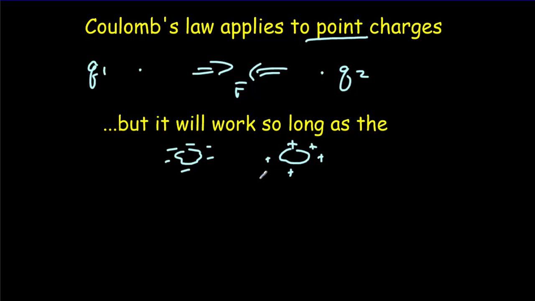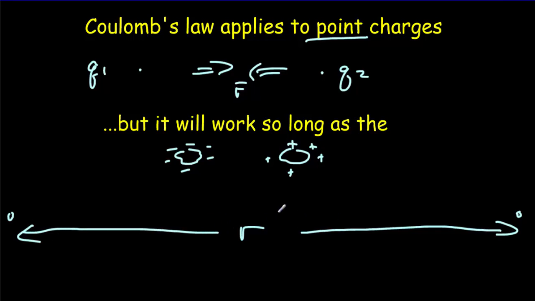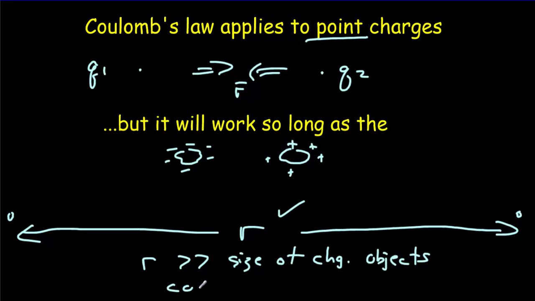But remember, anytime we separate the charges enough, if we get them well spaced so that R is quite large, then it's going to be okay to use Coulomb's law. So as long as R is much, much bigger than the size of the charged objects, then you can use Coulomb's law.